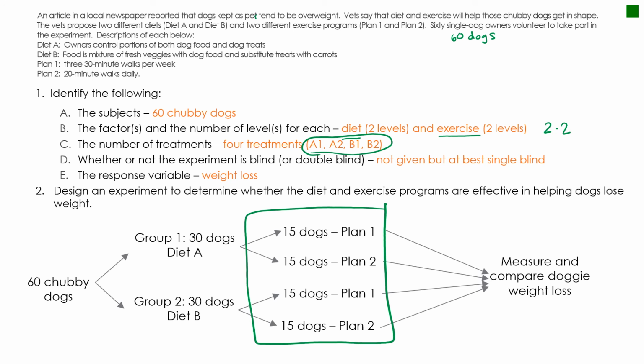So again, if I would have put plan 1, plan 2 here, and then I put the groups here, would I get the exact same thing? Yes, I would. I would get the exact same thing because at the end I'm measuring the 4 groups, and the 4 groups are diet A, plan 1, diet A, plan 2, B1, B2, etc.